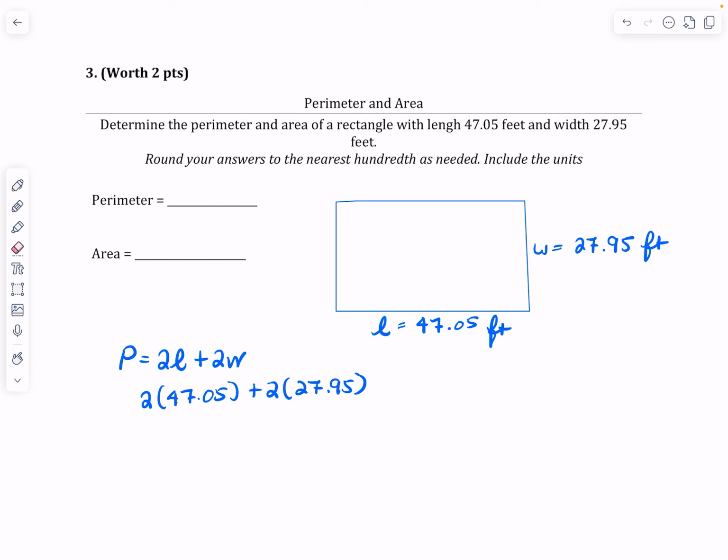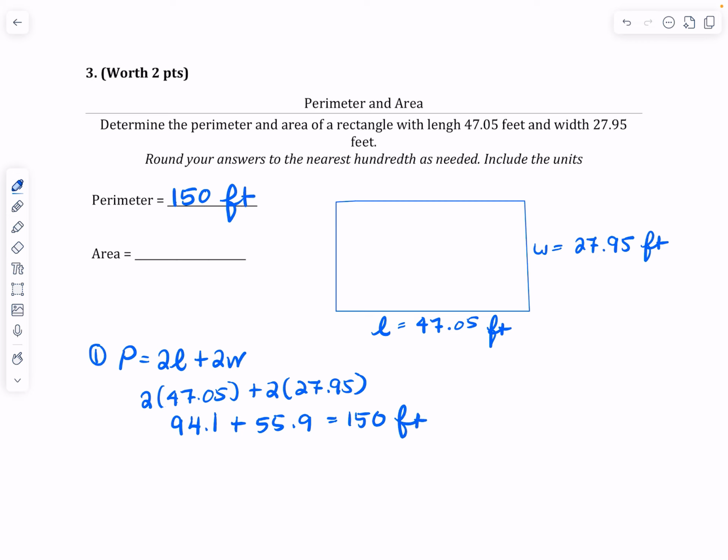So 47.05 times 2 equals 94.1 plus 27.95 times 2 equals 55.9. Okay, that looks more reasonable. Now I'm going to add those two together. And when I add it together, I get 150. So the perimeter is 150 feet. So that's the distance around.